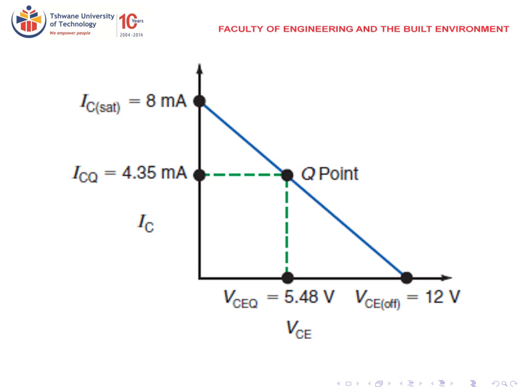VCE at cutoff is equal to 12, and then IC saturation will be equal to 8. Then the Q point would be at the center here, which is the value of IC here, and the value of VCE that you calculated.